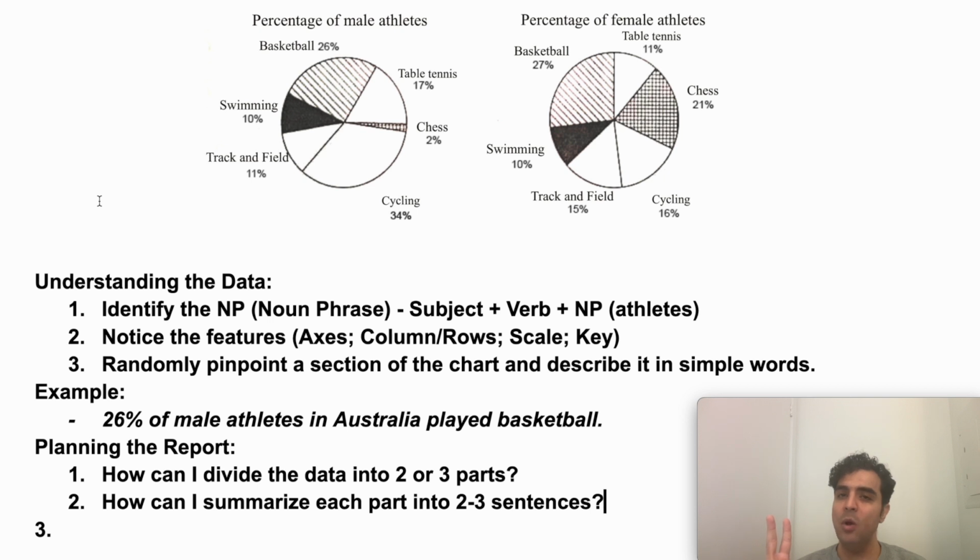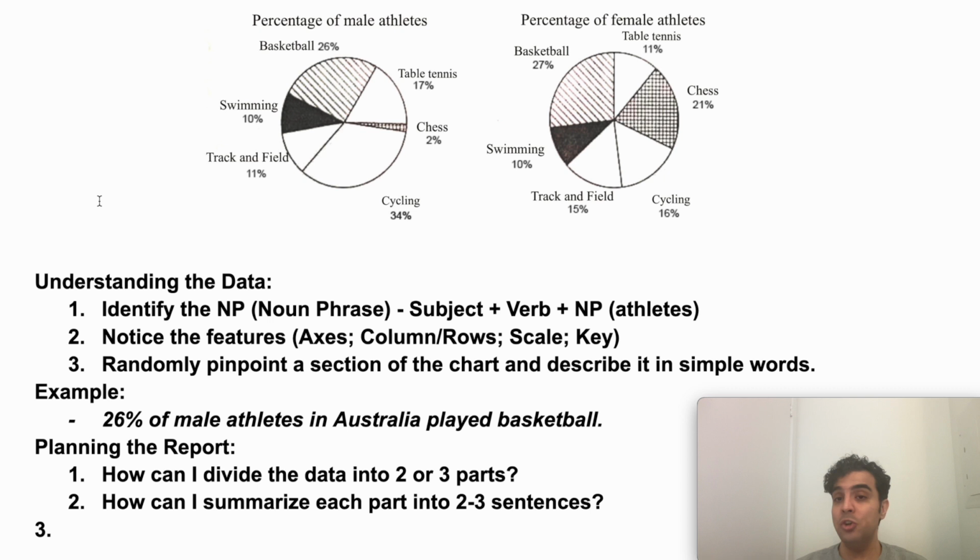Can I mention all 3 numbers in a third sentence? Probably. I could say, while swimming and track and field attract the same percentage of male athletes, table tennis accounts for 17% of male athletes in Australia. As you can see, I managed to explain everything and cover all of these numbers that you could see in the chart in only 3 sentences.